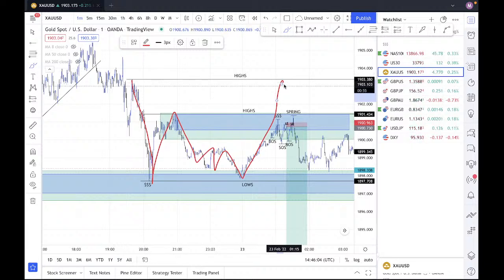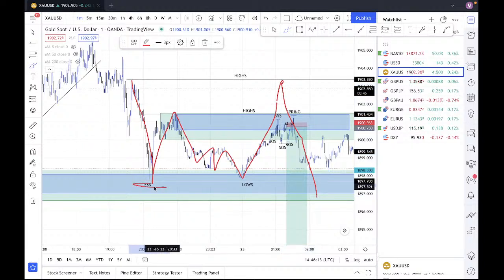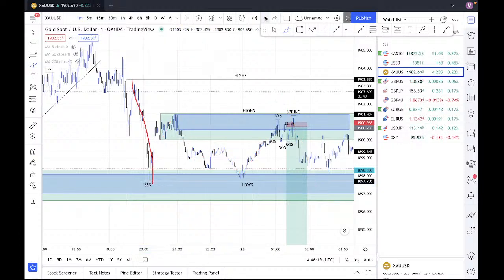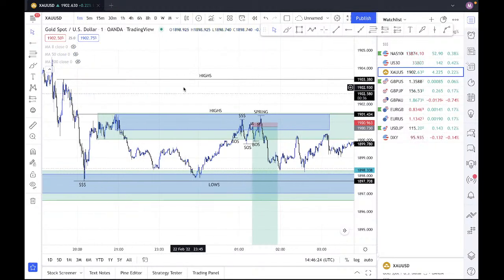Because what you need to realise is as long as price doesn't clear these highs, we're still bearish. We're looking for price to break these lows here, unless this breaks here.